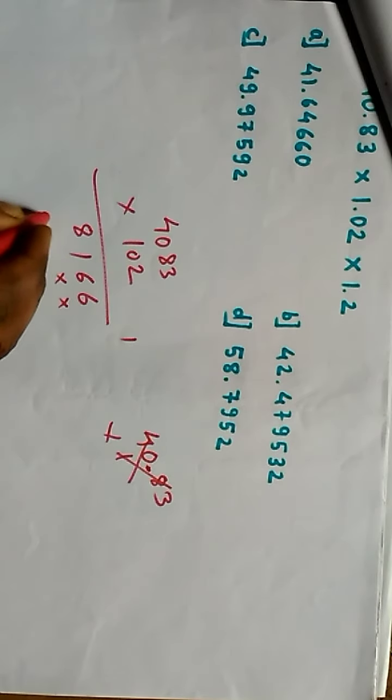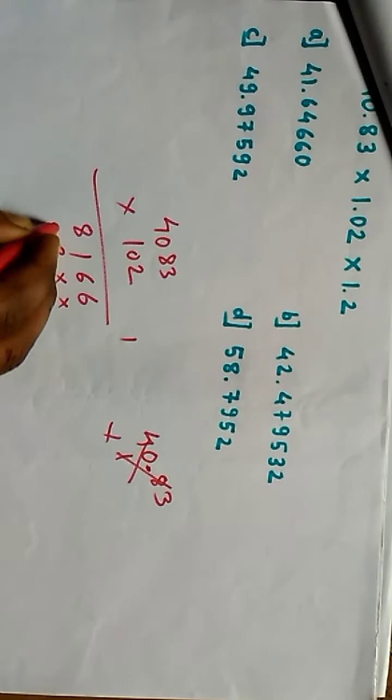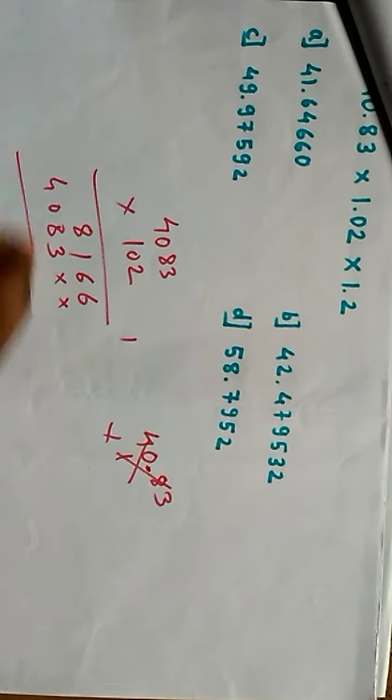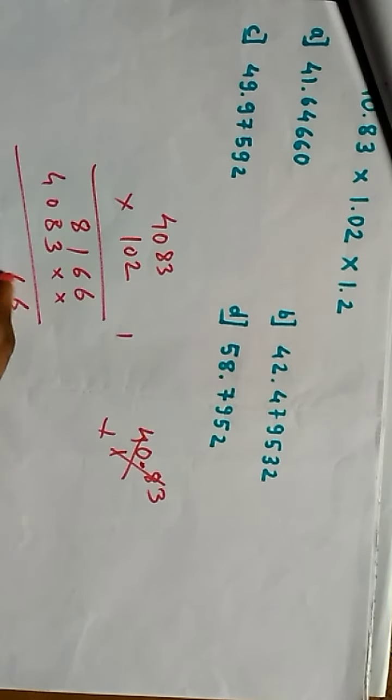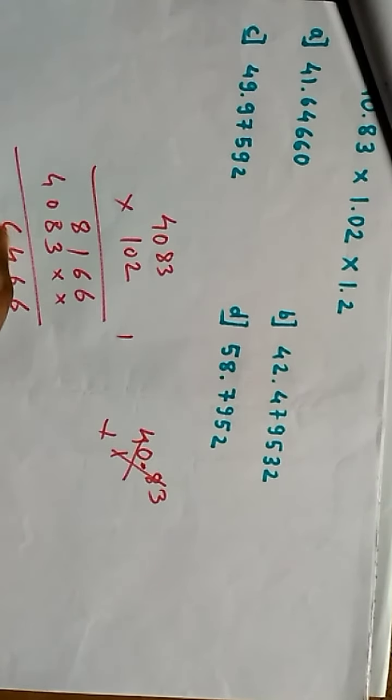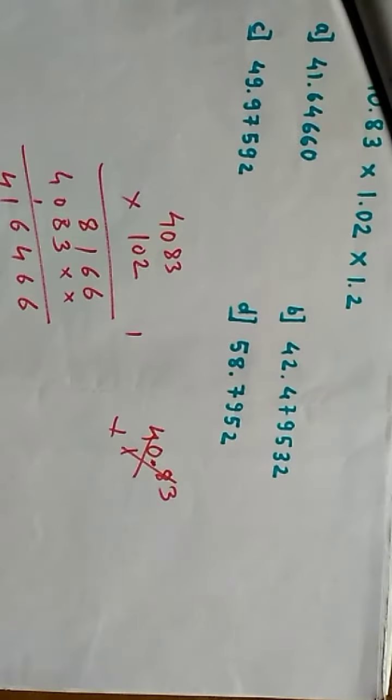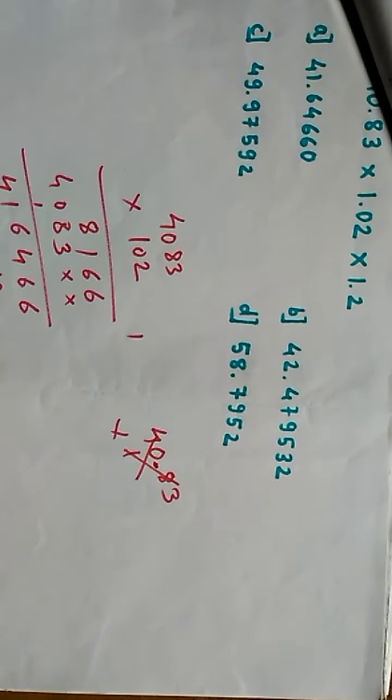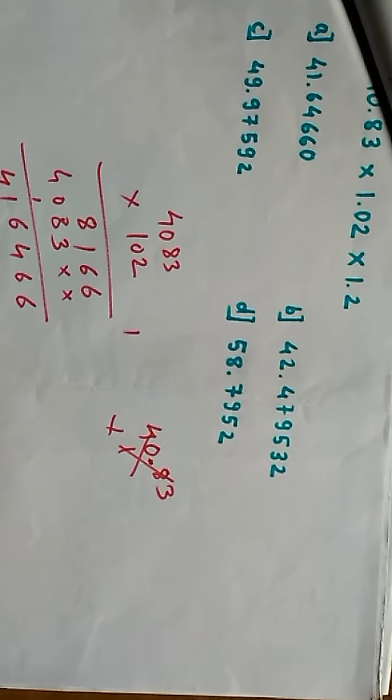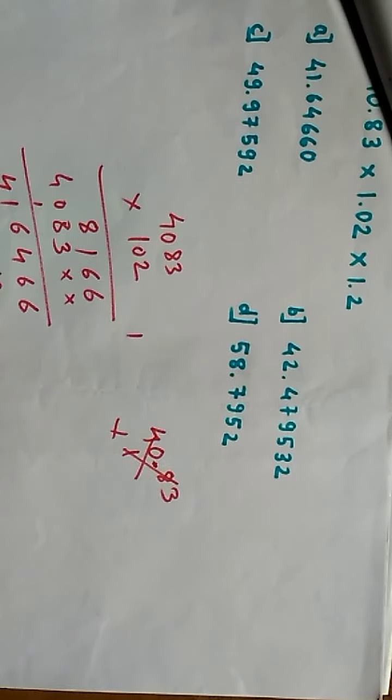Next for this, 43840, so 6, 6, 4, 6, 141. Next into 12. So 12 6s are 72, so 2 here.